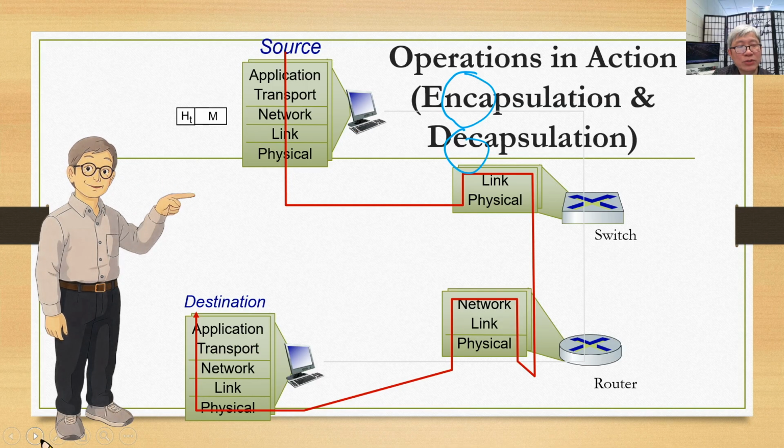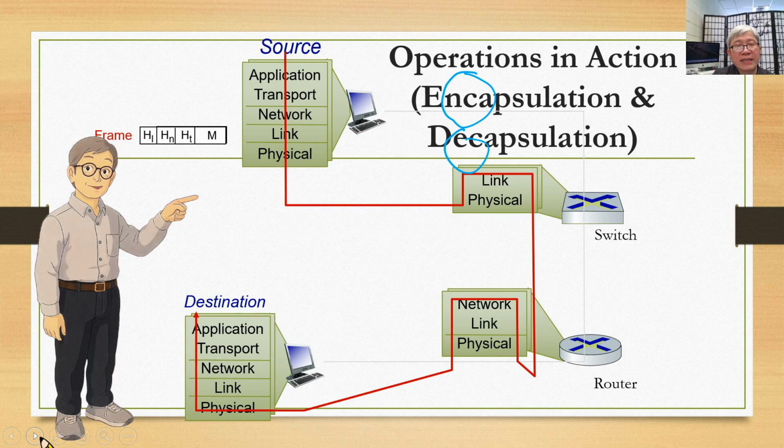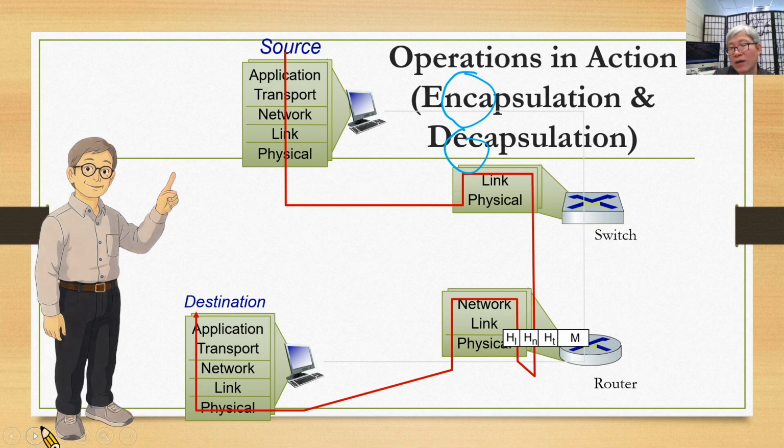Adding a header to the segment in the network layer gives us the datagram. Adding a header to the datagram gives us the frame in the link layer. Finally, we have the bits on the wire, going to the router.